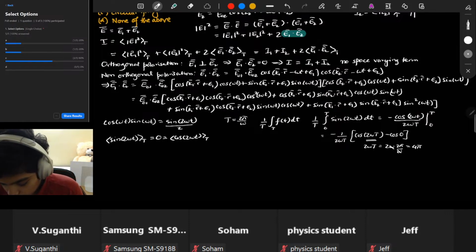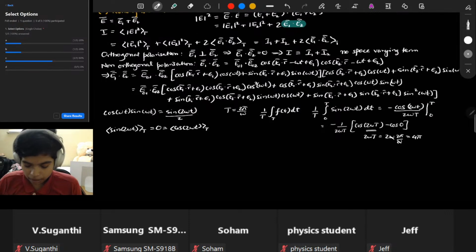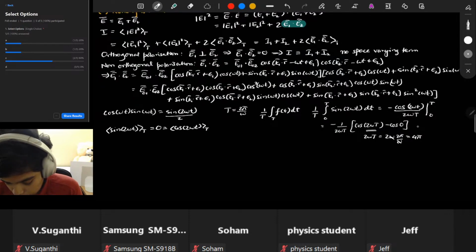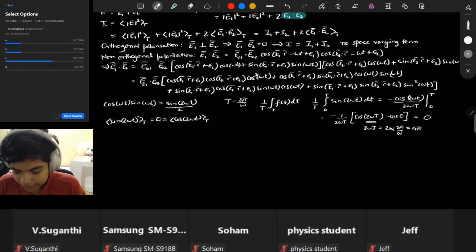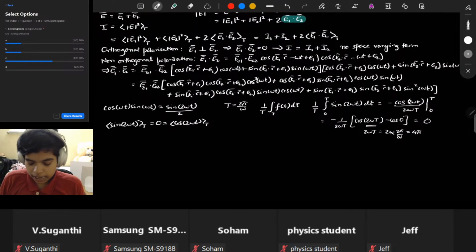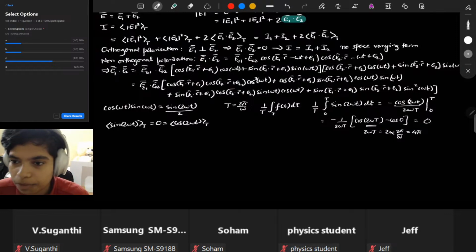Cos 4 pi is the same as cos 0, so finally you get 0, because cos 4 pi is also 1 and cos 0 is also 1. So it cancels and you get 0. Similarly, you can check for cos 2 omega t as well, and the time average of cos 2 omega t will come out to be 0.